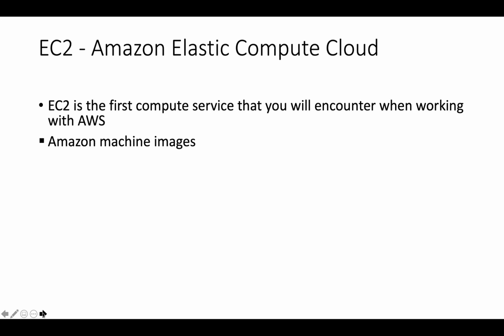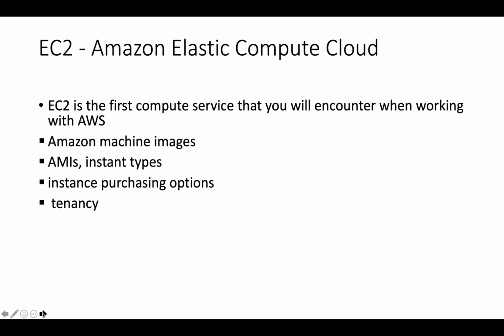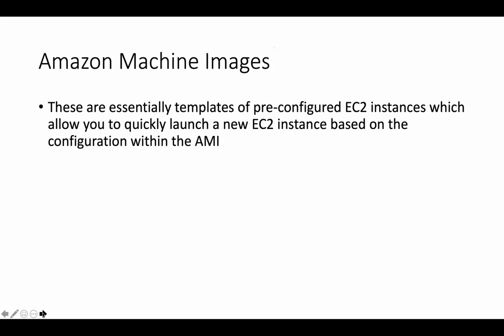EC2 can be broken into the following components: Amazon Machine Images, or AMIs, instance types, instance purchasing options, tenancy, user data, storage options, security, and so on. So let's discuss Amazon Machine Images.